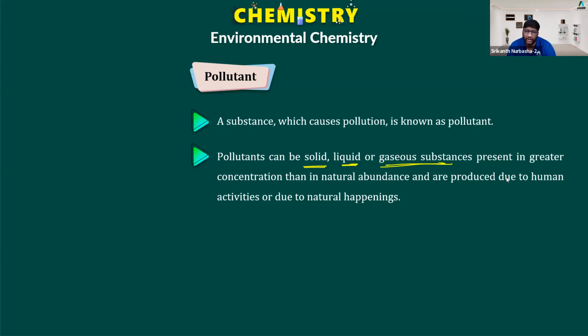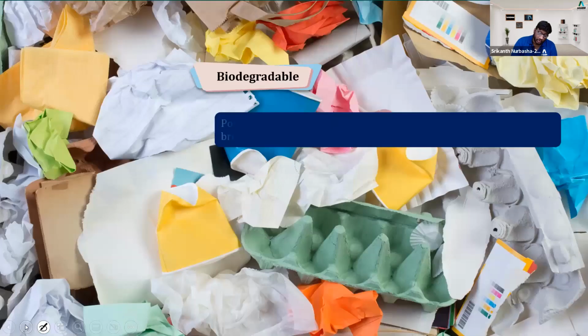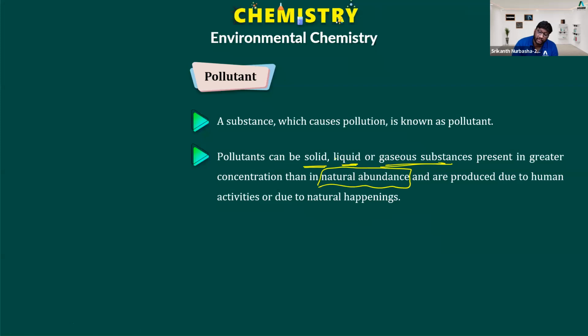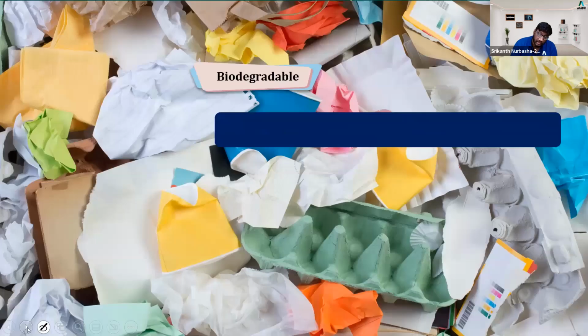Human activities means all the industries and the dangerous gases they release; natural happenings means volcanoes and such things. We require a particular substance only in a specific quantity, not greater and not less than that. That is what actually causes pollution. So pollutants can be solids, liquids, or gases.